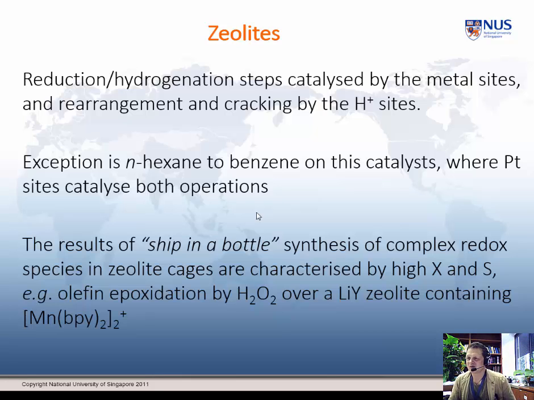Here we've got a lithium ytterbium zeolite containing manganese complex, which then allows you to do a hydrogen peroxide epoxidation of alkenes, and with hydrogen peroxide, you know there's going to be radicals involved. Complex reaction, but you've got a number of different sites that steward that reaction right the way through.